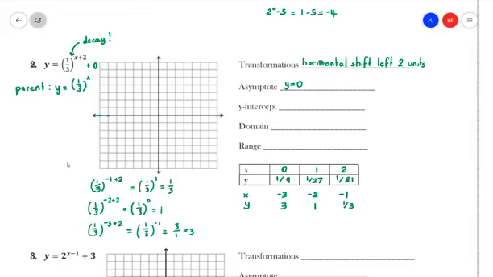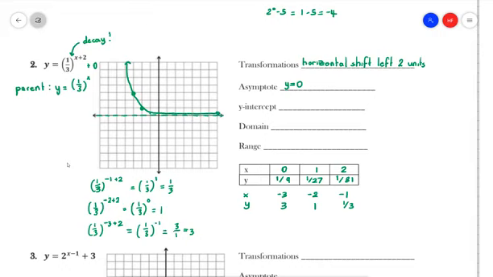Let's draw in our asymptote. So we've got -3 is at 3, -2 is at 1, and -1 is at 1/3. And then every other value that we found is just getting infinitely closer to that asymptote.